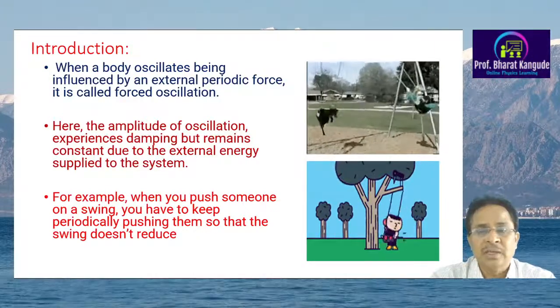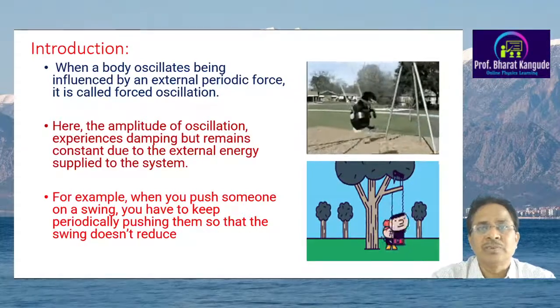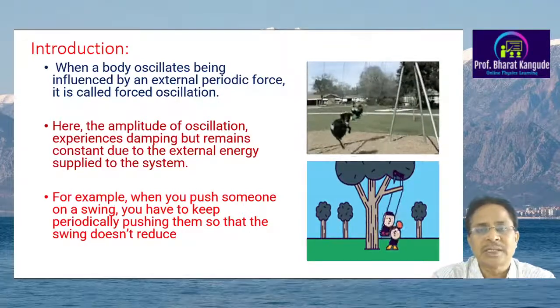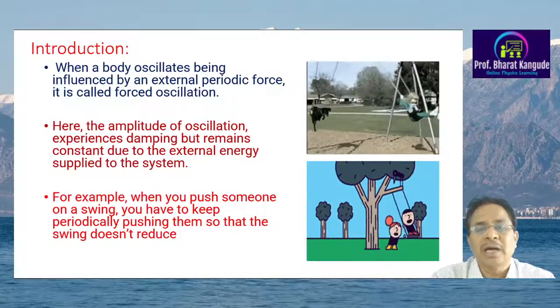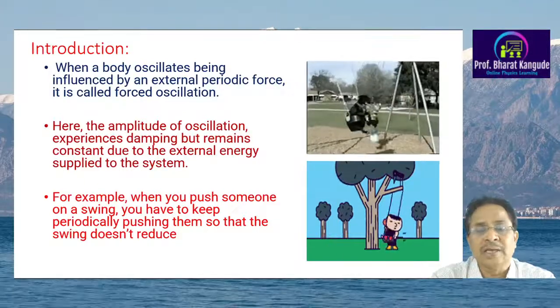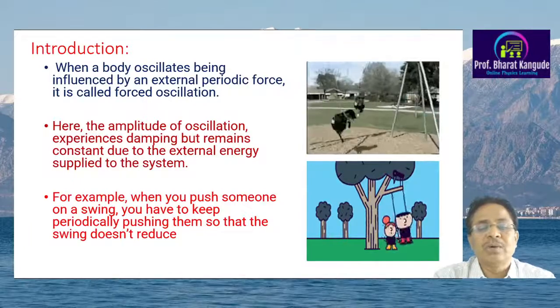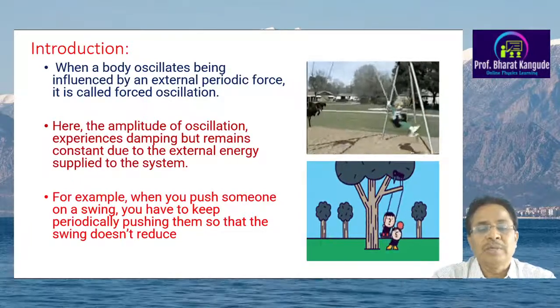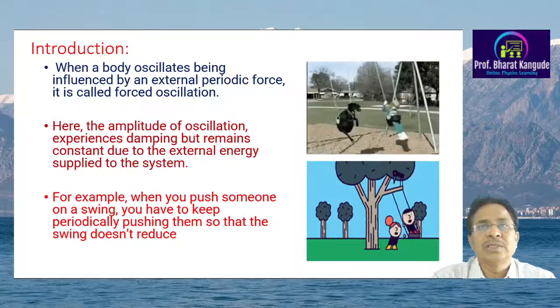Realize the case: you are sitting on a swing, and someone is pushing your swing from outside or from behind, and thereby you are enjoying the swing continuously. For example, when you push someone on a swing, you have to keep pushing them periodically so that the swing doesn't stop.